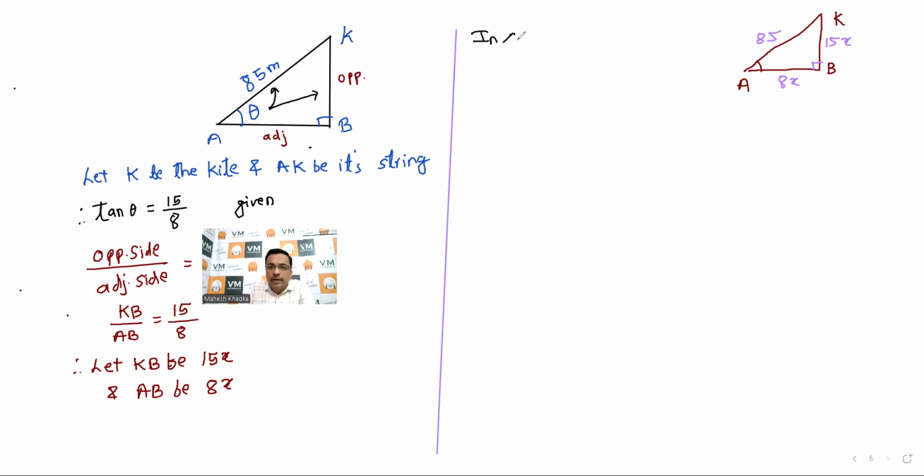In triangle KBA, angle B is equal to 90 degrees. Without 90 degrees the Pythagoras theorem cannot exist.